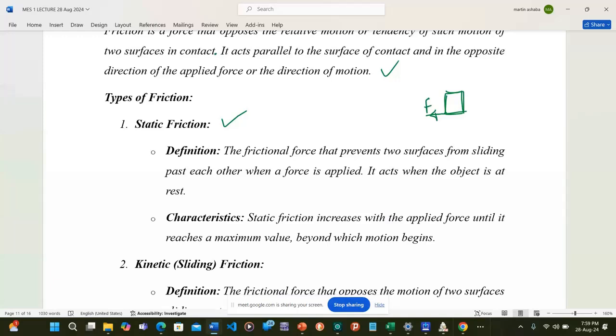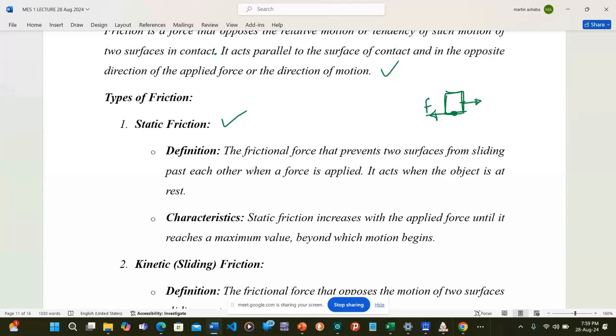Now, when you try to apply a force, momentarily, at the moment when you're trying to pull this body, that force that you experience at that moment is what we are calling static friction. So it prevents two surfaces from sliding past each other.